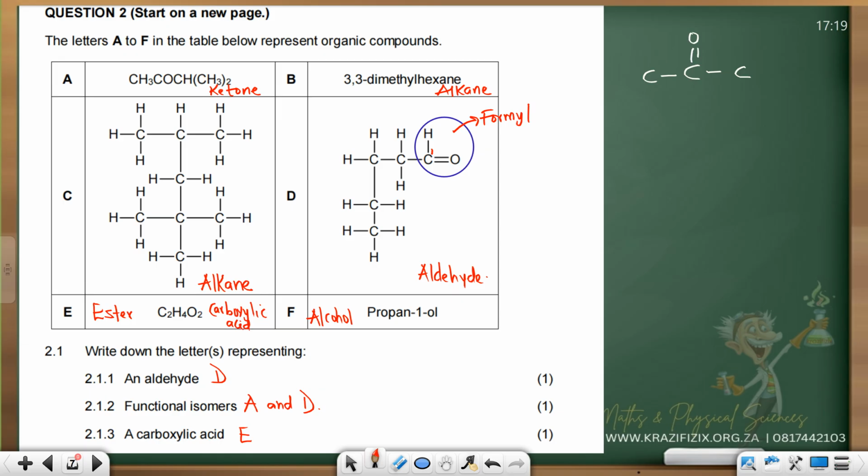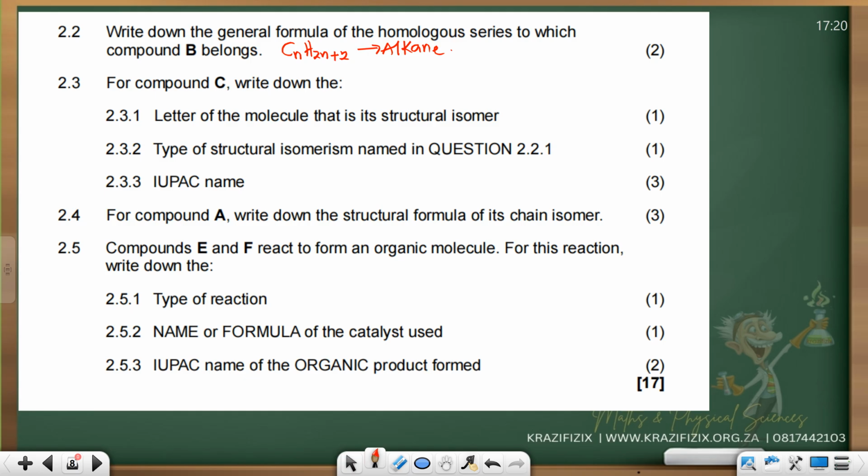It's B. It's an alkane. I'm not even going to check whether it's correct or not. These are the two alkanes we've done. Structural isomers, what are they? Organic compounds with the same molecular formula, but different structural formula. So they are both alkanes. B.